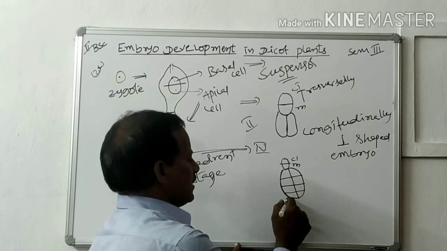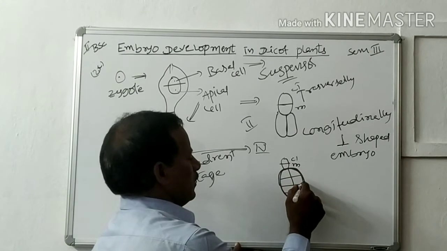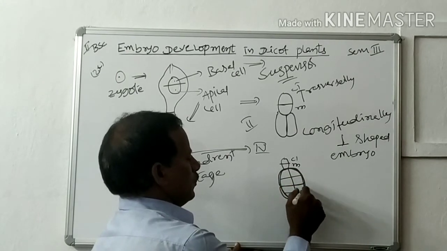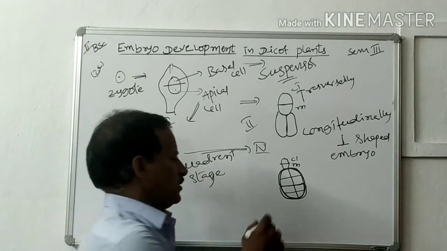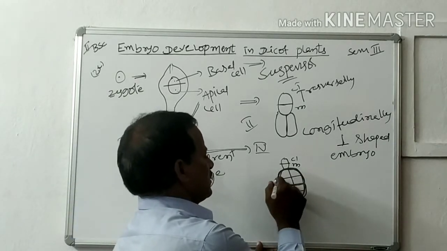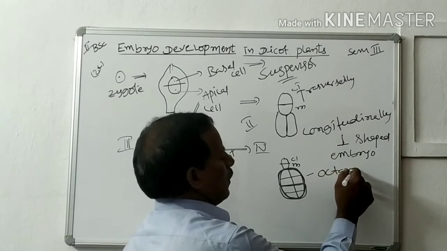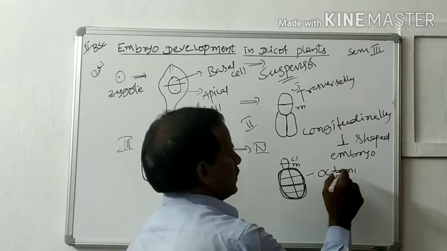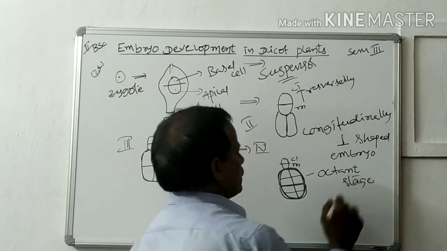So there are 8 cells in the embryo, in two tiers. The 8 cell stage is considered the octant stage.